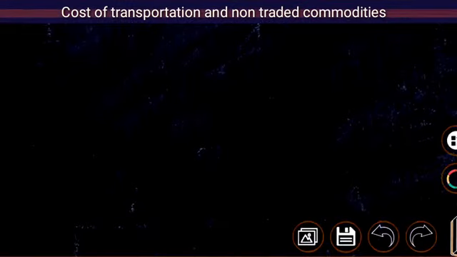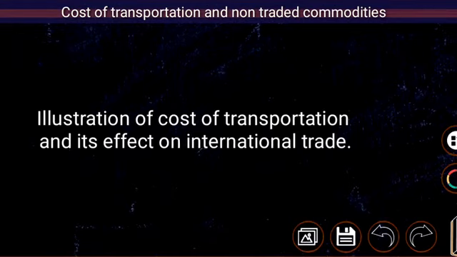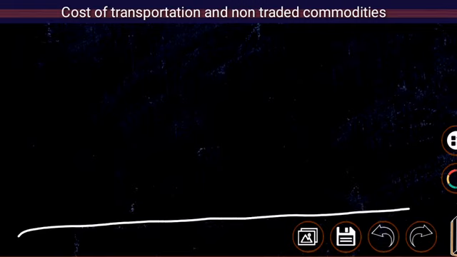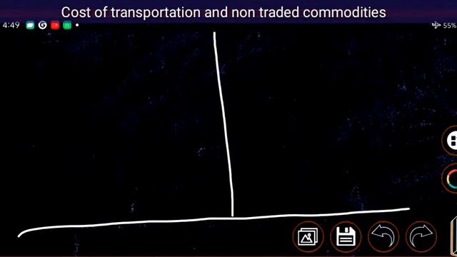Hello students, in this video we are analyzing the cost of transportation and its effect on international trade. For this we are taking the example of country 1 and country 2. We have drawn a normal x-axis and a y-axis.